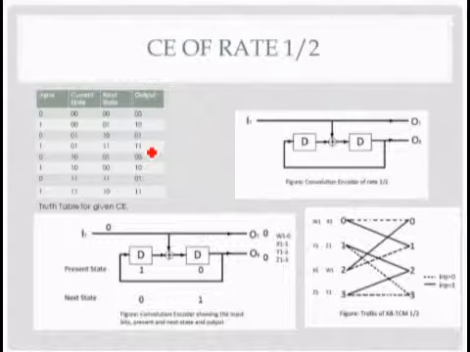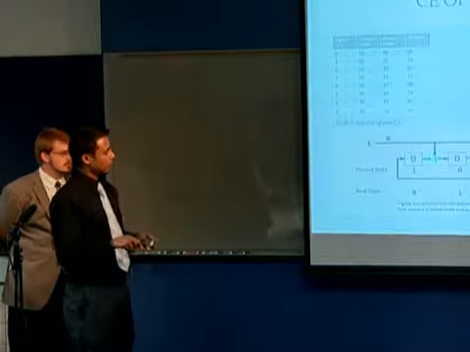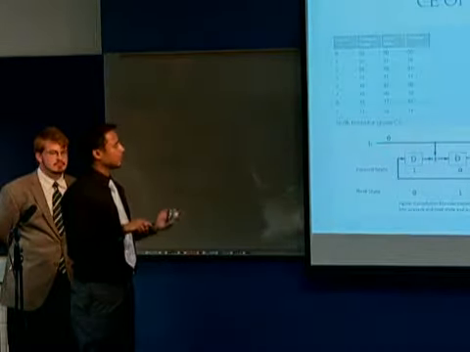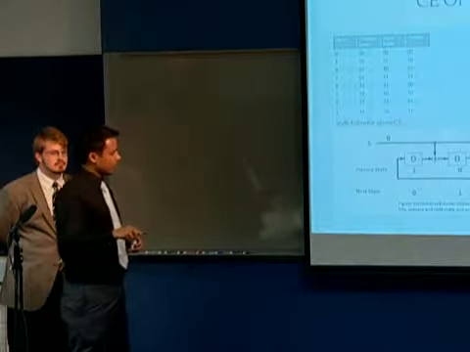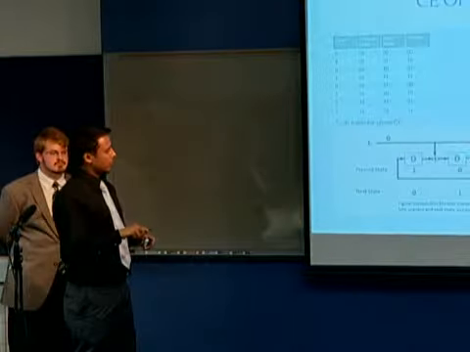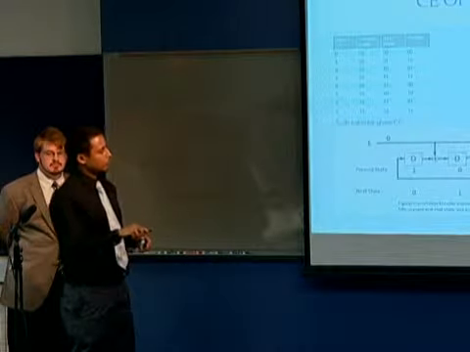The way it works is that the output of the convolution encoder is dependent on the input bit and the state of each of these memory units. Say we have 2 flip-flops at a state of 2, and an input bit of 0 is coming in. The output would be the present state and the input bit coming in, so the output would be 0, 0.